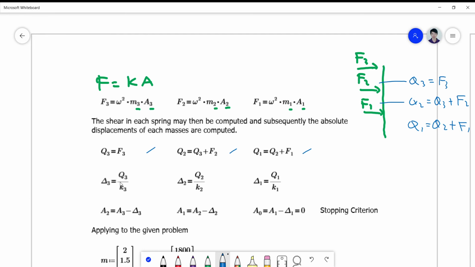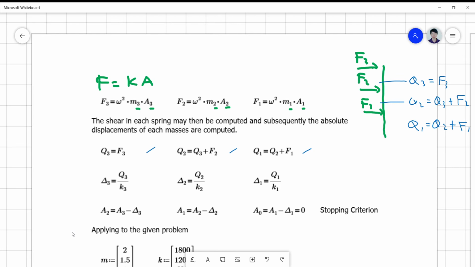So therefore your delta 3 now becomes Q3 divided by K3 and so on. And your amplitudes, as I have shown on the shear building model, A2, A1, and A0 can simply be computed by subtracting your amplitude above with that of the relative displacement above. And the stopping criterion is such that your amplitude at the base must always be equivalent to 0. So there's no motion in the base.